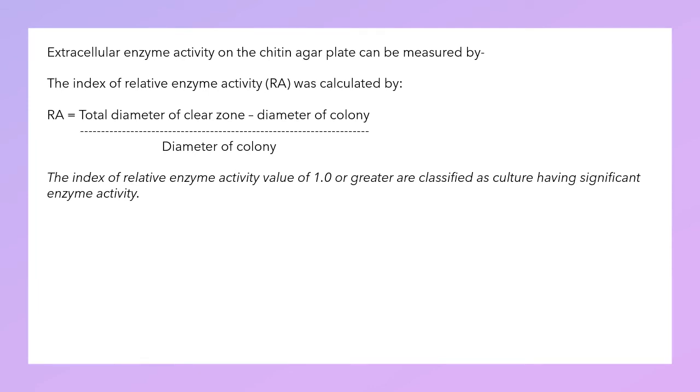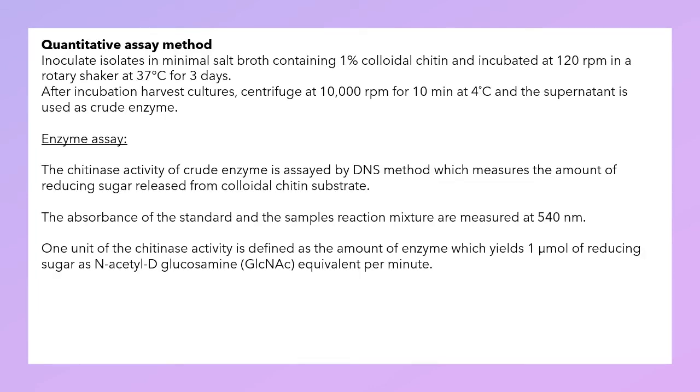Okay, so that was about the plate assay. Now there is another method to quantitate your enzyme, and that is the quantitative enzyme method. For this you need to inoculate your isolates in minimal salt broth containing 1% colloidal chitin and then incubate at 120 rpm in a rotary shaker at 37 degrees Celsius for 3 days.